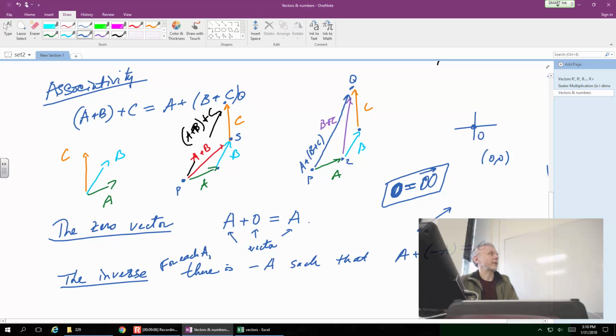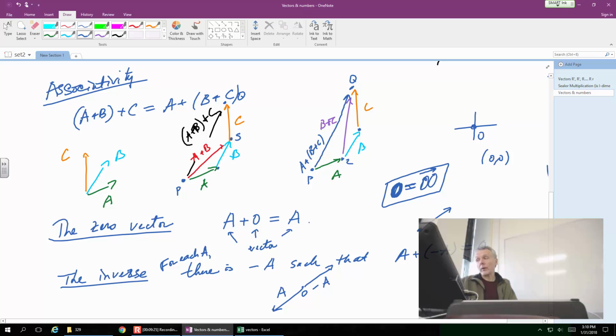The coordinate systems vary even though they produce the same algebra. Okay, so like I said, that is quite predictable. If this is A, then minus A points in the opposite direction like this. So that's the cancellation.